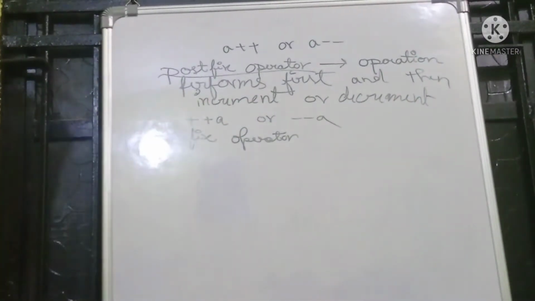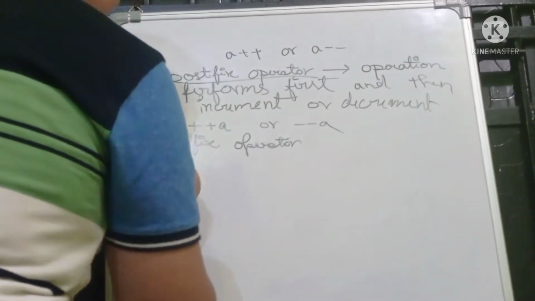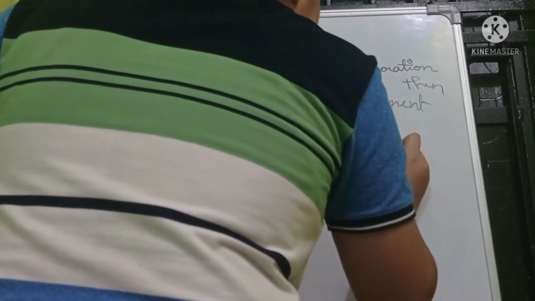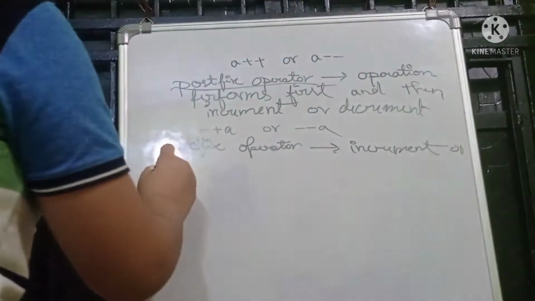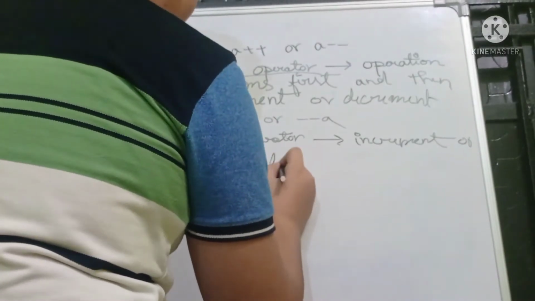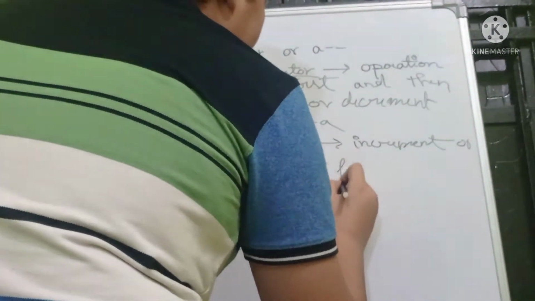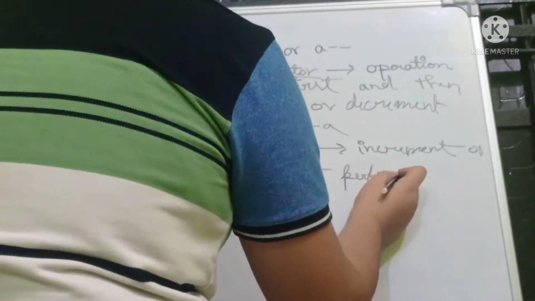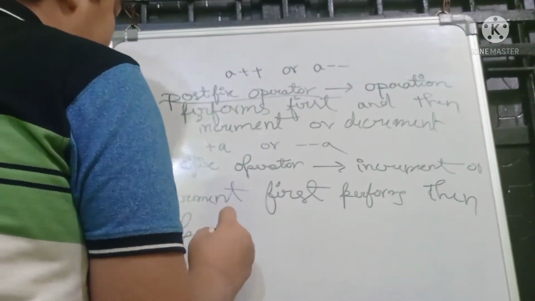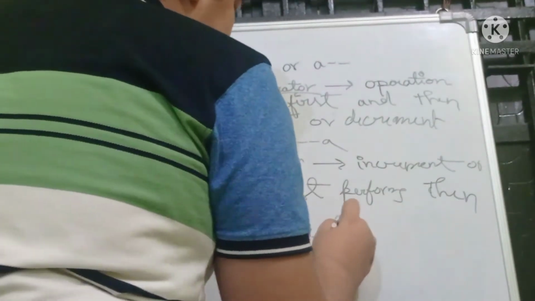In a prefix operator, increment or decrement based on the question performs first, and after that the operation will perform.